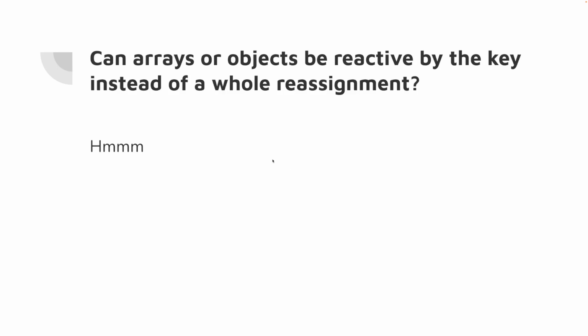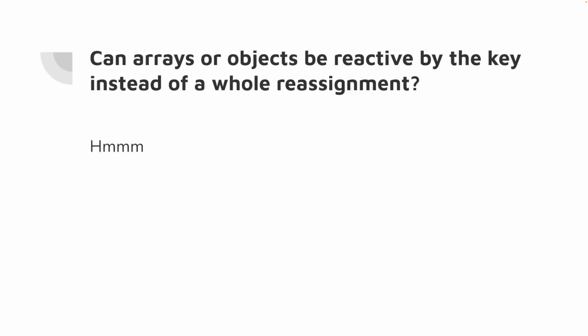Yeah, actually, speaking of these two questions, you can absolutely do this because again, signals works by tracking whenever you access something. So you just need to create a signal for every key of the object or for every element of the array.